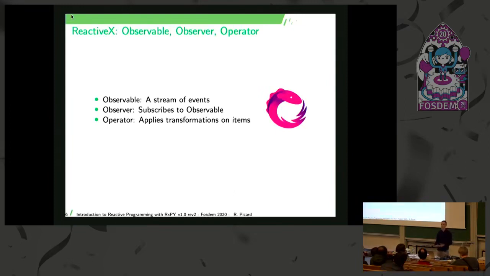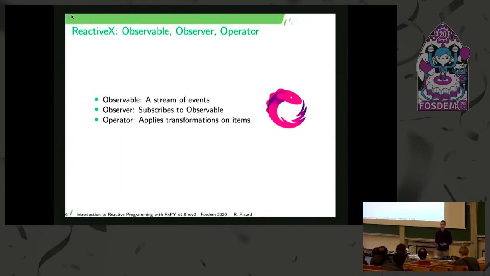The second thing you have to know is what an observer is. If you use object-oriented programming, you probably already heard this term, and it has the same meaning. An observer is an entity that will receive some items. It's something that subscribes to an observable and will receive its items.